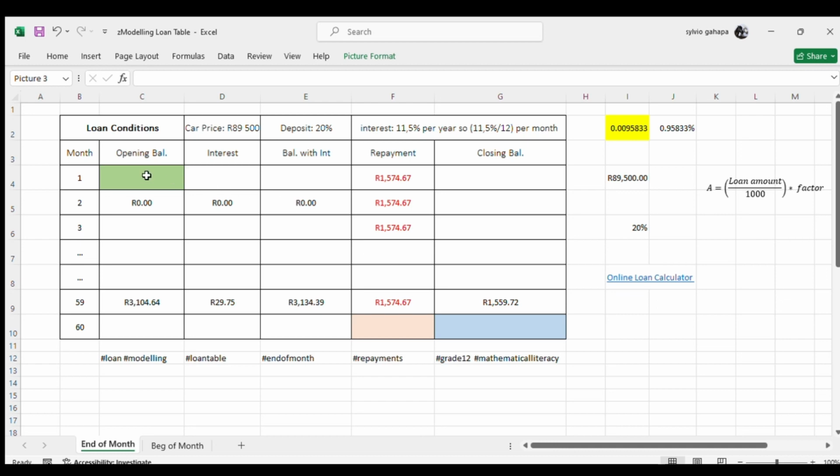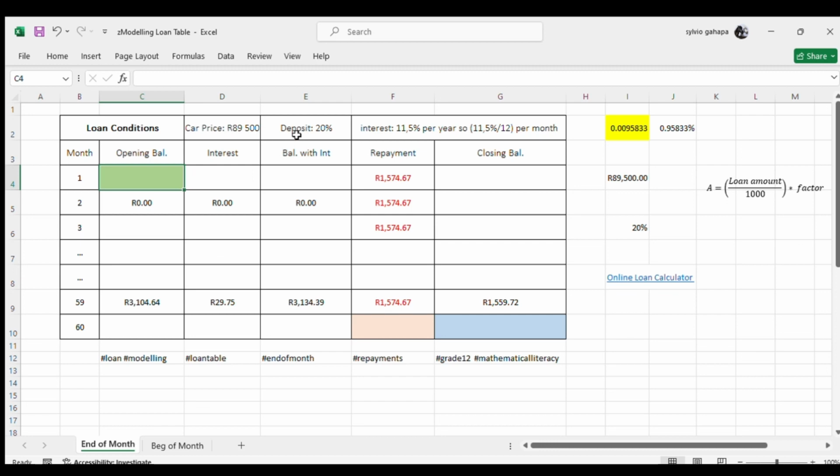So now let's start, because we have been talking, but we haven't really done any real work. So now, what is our opening balance for month number 1, right? In terms of our loan table, it's not the repayment, it's the opening balance. It's going to be the car price minus the deposit, right?